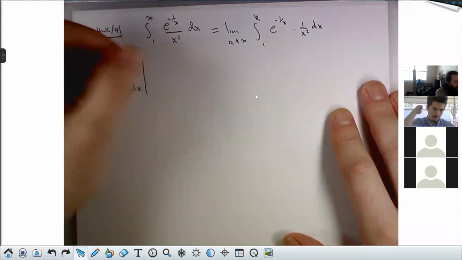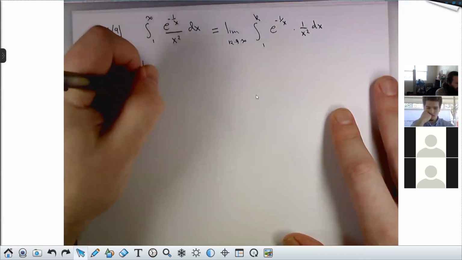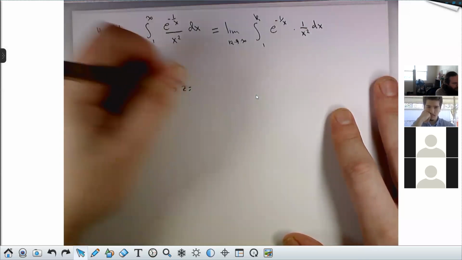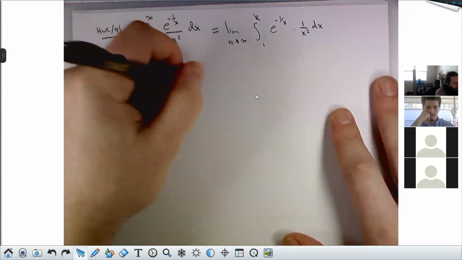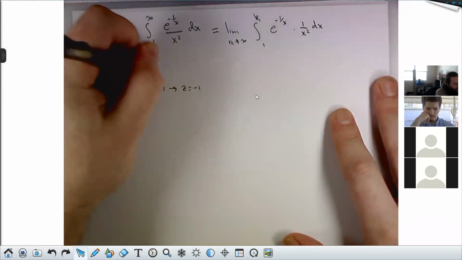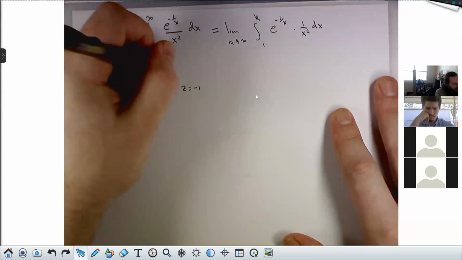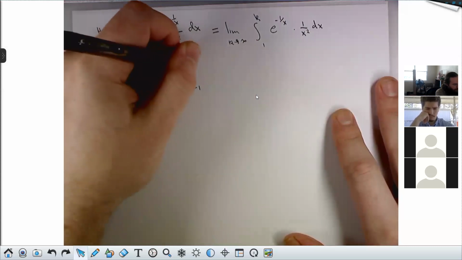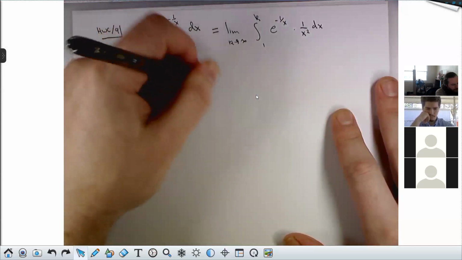And then the bounds change, of course. When x is equal to 1, z would be negative 1 over 1, which is negative 1. And when x is equal to r, z would be equal to negative 1 over r.